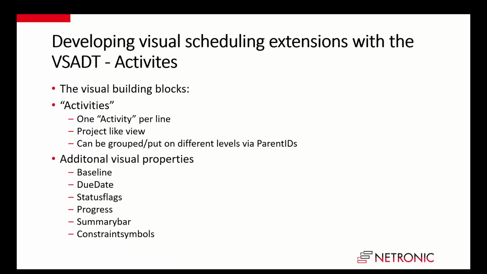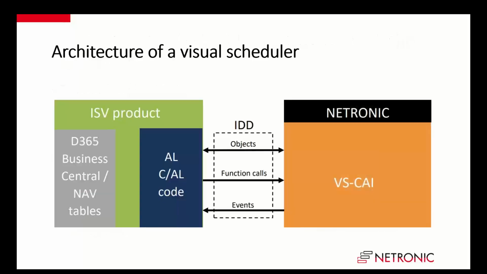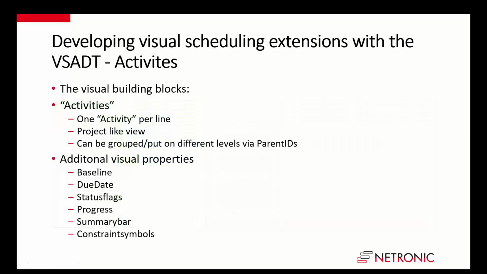To start off, let's look at the objects you are transferring back and forth to the Control Add-in. I will list some of them and go through them quite quickly to give you an overview of what we have here. We'll start off with activities.